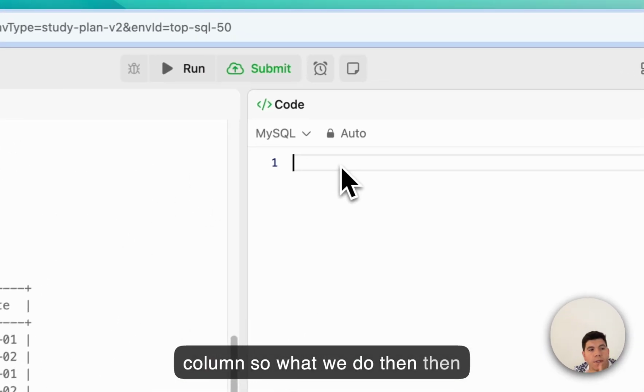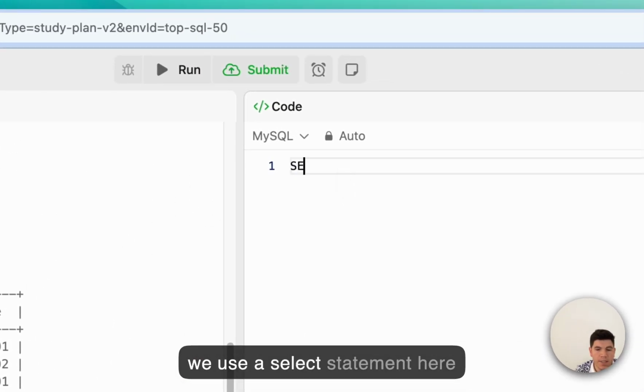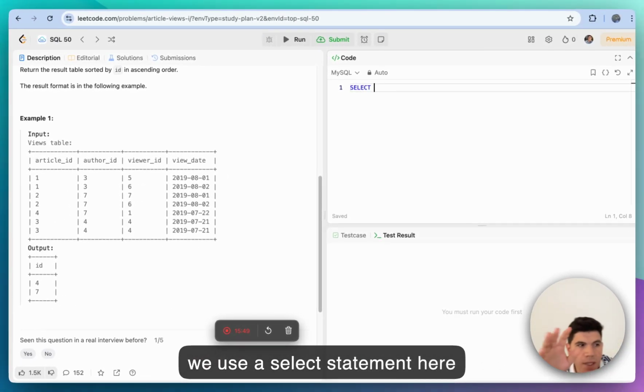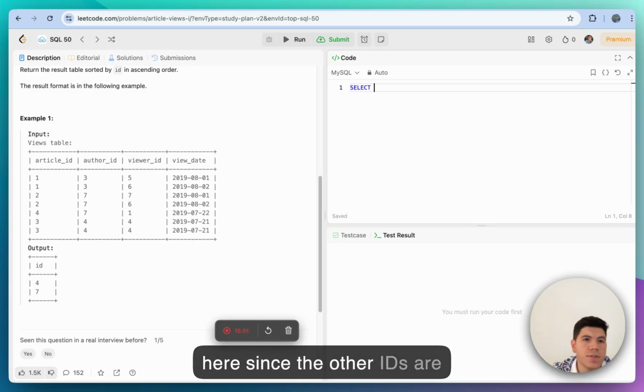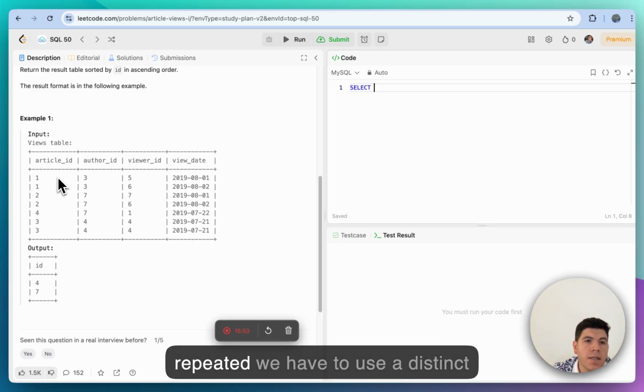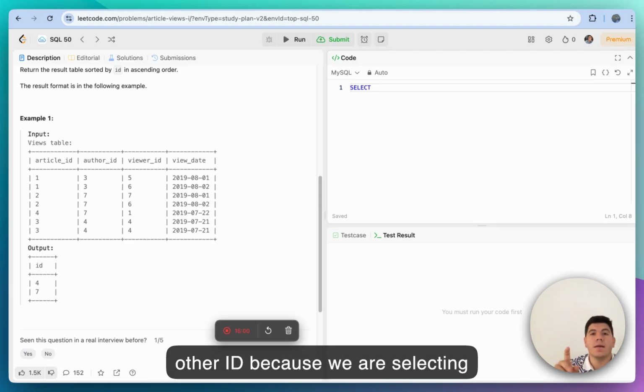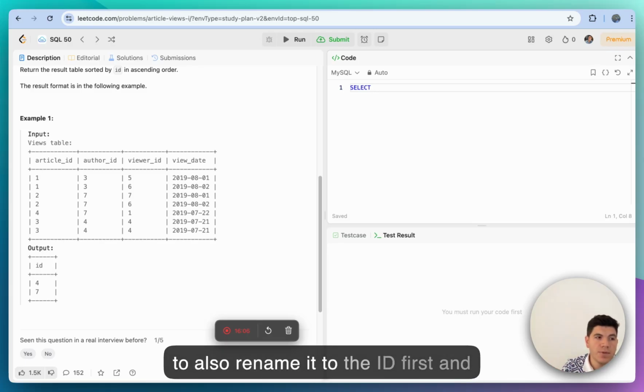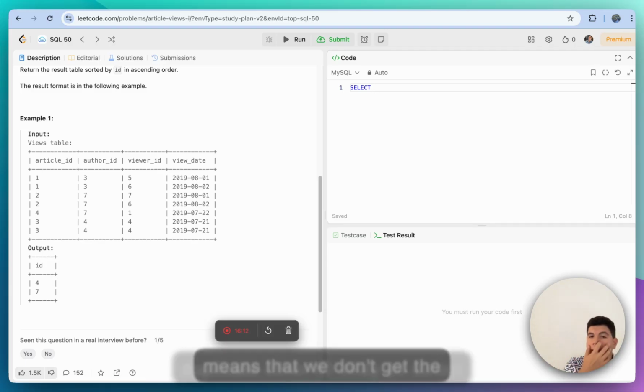So what we do then is use a select statement. Here, since the author IDs are repeated, we have to use a distinct author ID, because we are selecting the author ID column, and we have to also rename it to ID first. The idea behind using distinct is that we don't get duplicated author IDs.